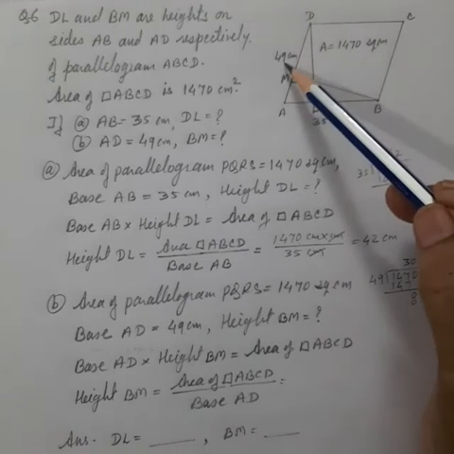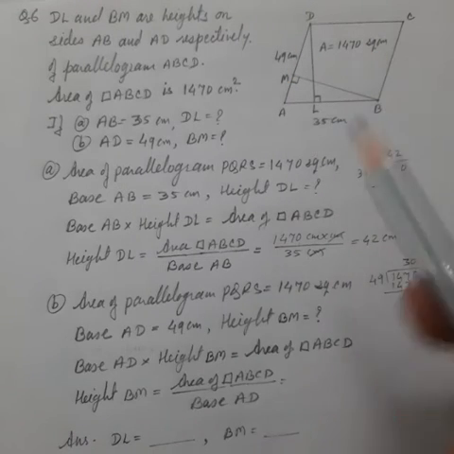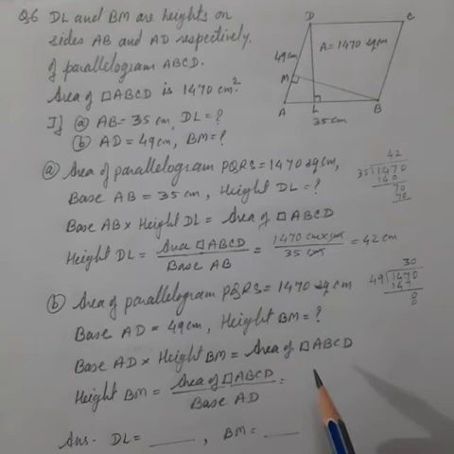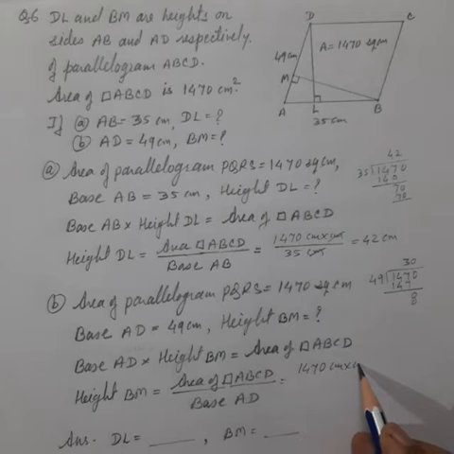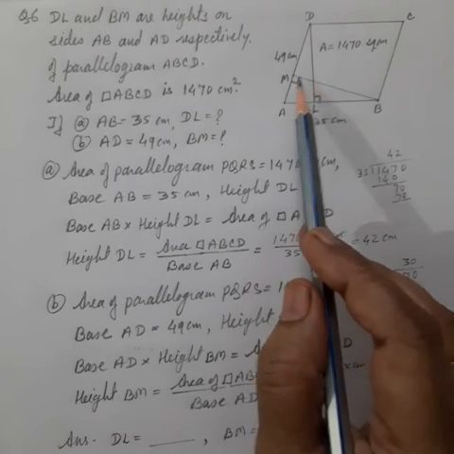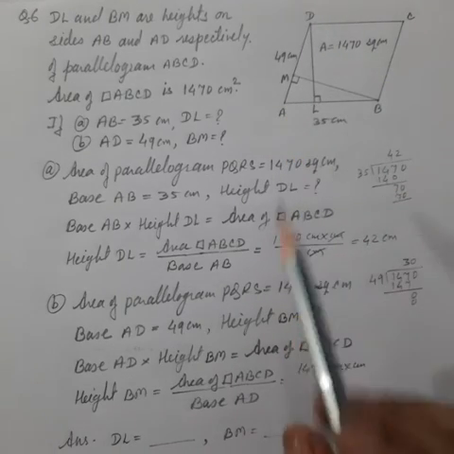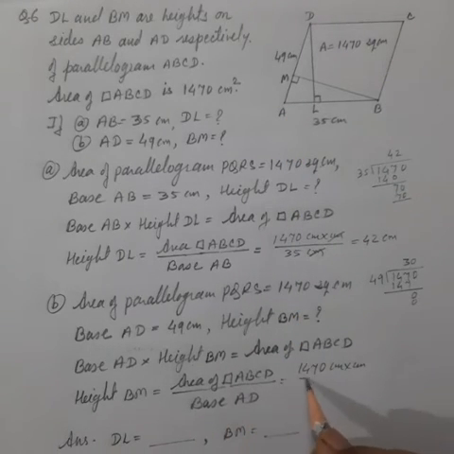Now base AD is given 49 centimeter. Area we have 1470 centimeter into centimeter. So to find height BM, we have to divide this area by the base AD. Base AD is 49 centimeter.